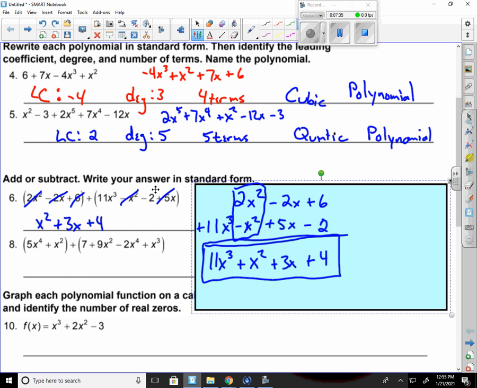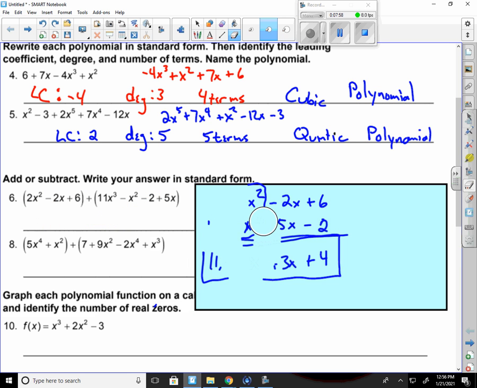Tackled that, so I can cross those out. All I'm left with is a plus 11x to the third. And now I would just need to put this in standard form. It would be 11x to the third plus x squared plus 3x plus 4. So it ends up as the same thing as it should.